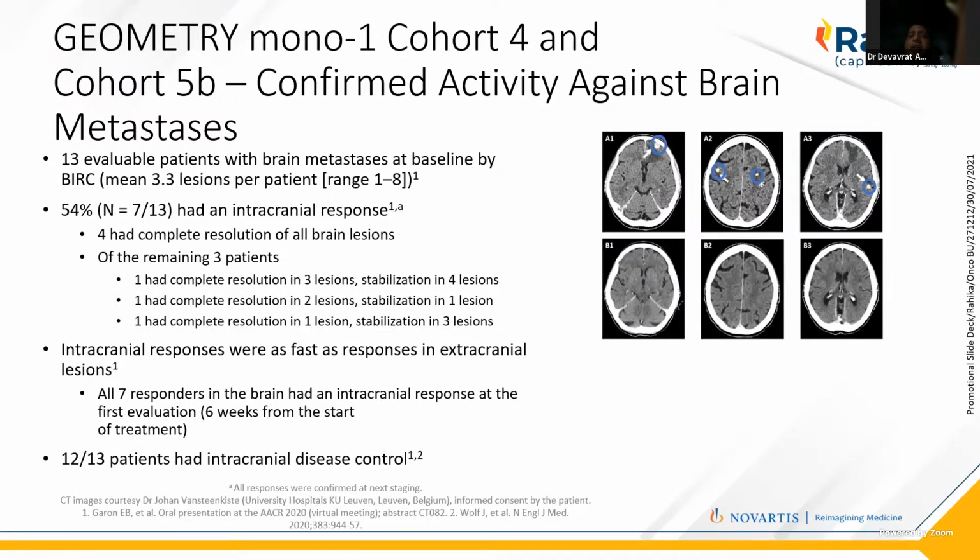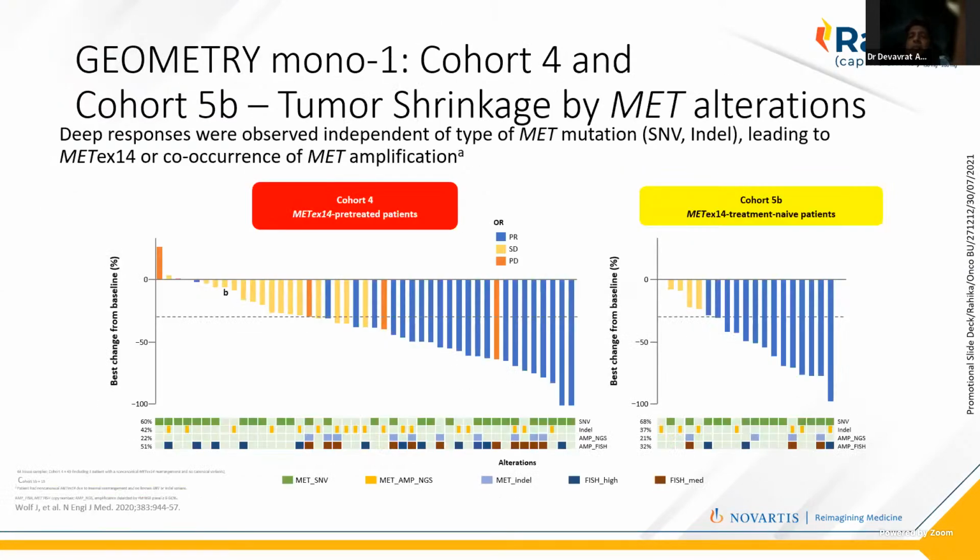These patients had a complete resolution of all brain lesions. And of the remaining, there were also fairly impressive responses. Intracranial responses were also fast, similar to the responses elsewhere, and in the rest of the patients there was also fairly impressive intracranial disease control. Next slide, please.